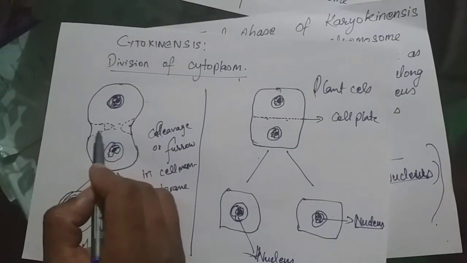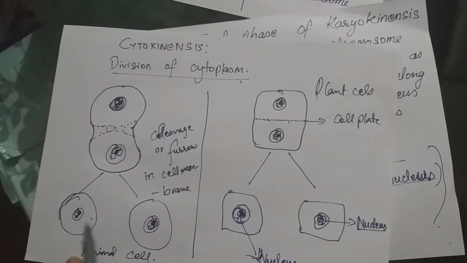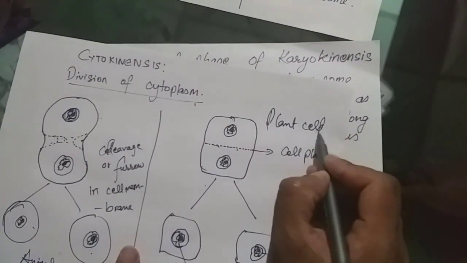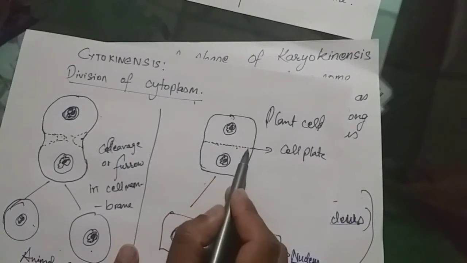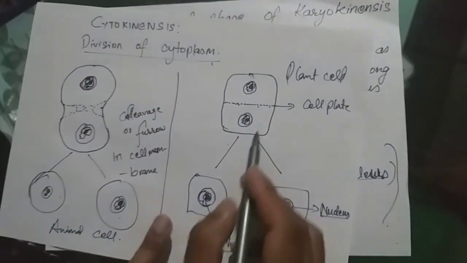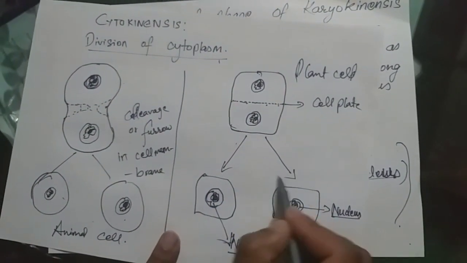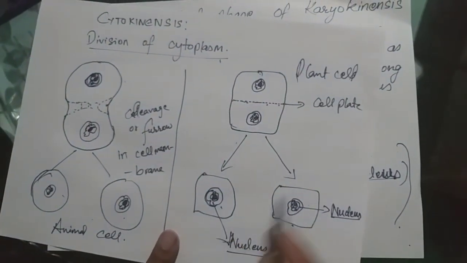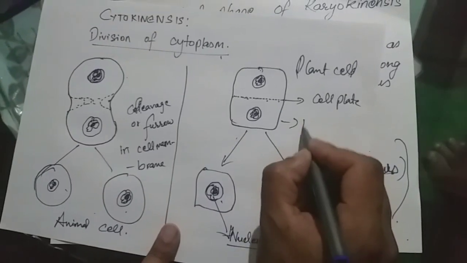The furrow gets deeper and deeper until two new daughter cells are formed. Whereas in plant cell, a cell plate forms between the two nucleus, and after its formation, the parent cell divides into two new daughter cells.